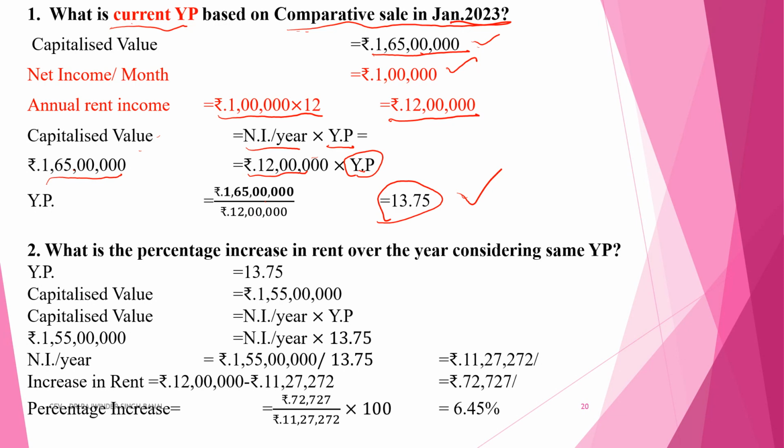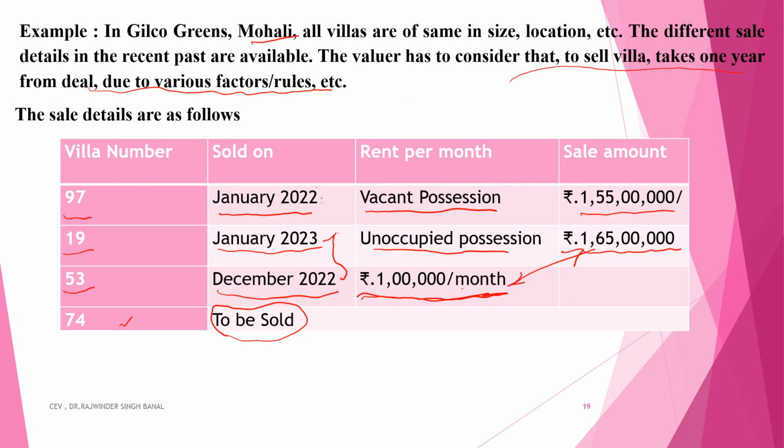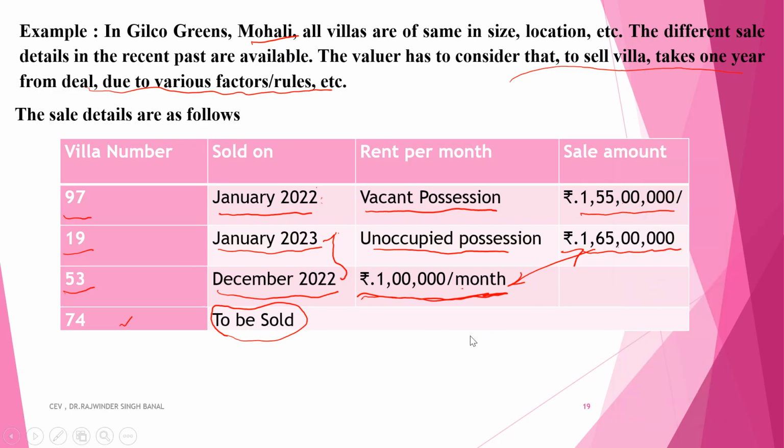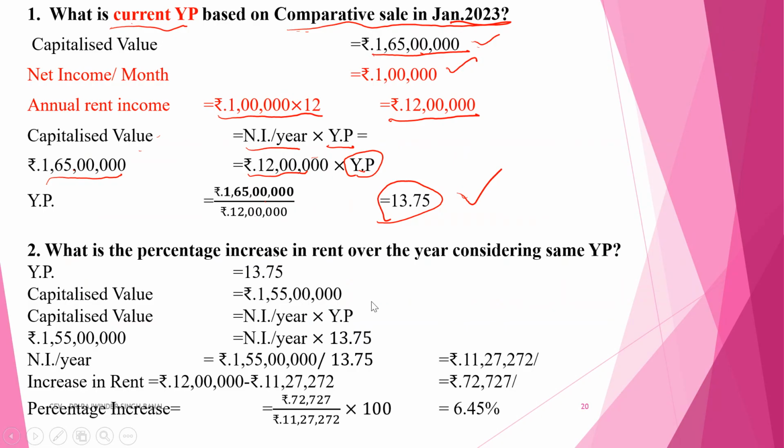So what is the percentage increase in rent over the year considering the same YP? Let us suppose, considering the price has increased from 1 crore 55 lakh to 1 crore 65 lakh in a year. If the YP is the same, we have to find the increase in rent over the year.